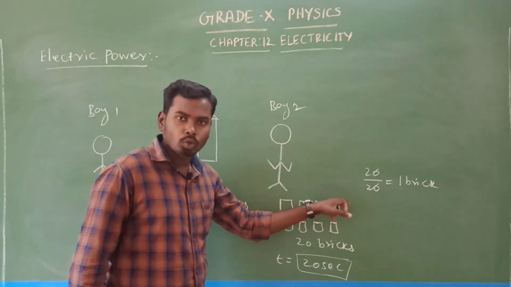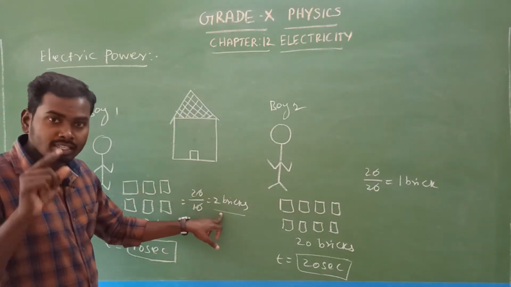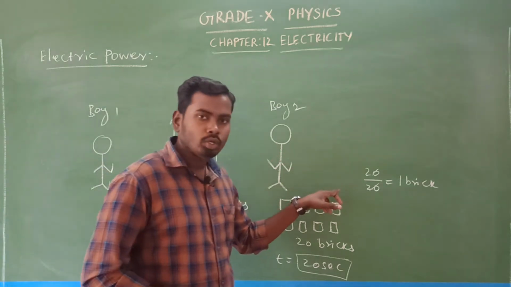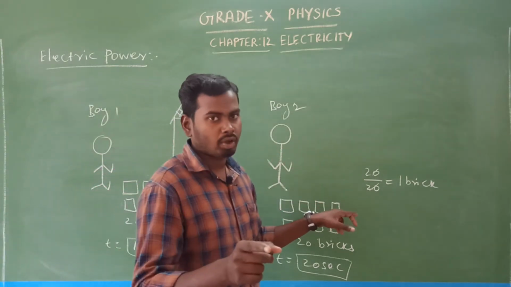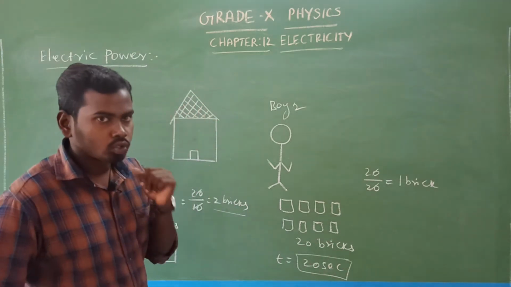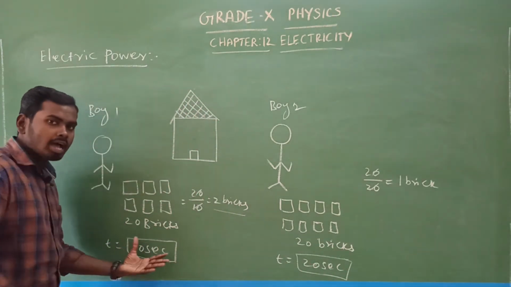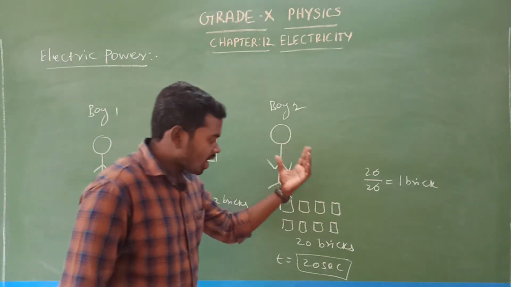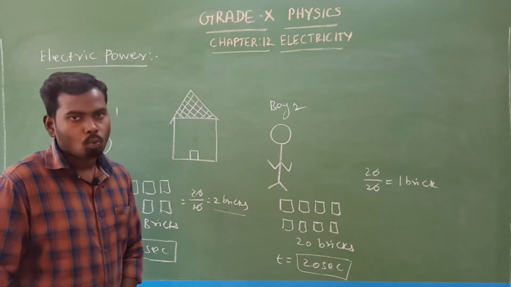Boy 1 kept 2 bricks in a single second, which means in unit time, whereas boy 2 kept only 1 brick in a second, which means in unit time. So obviously boy 1 has more power, whereas boy 2 has less power. Is it clear?